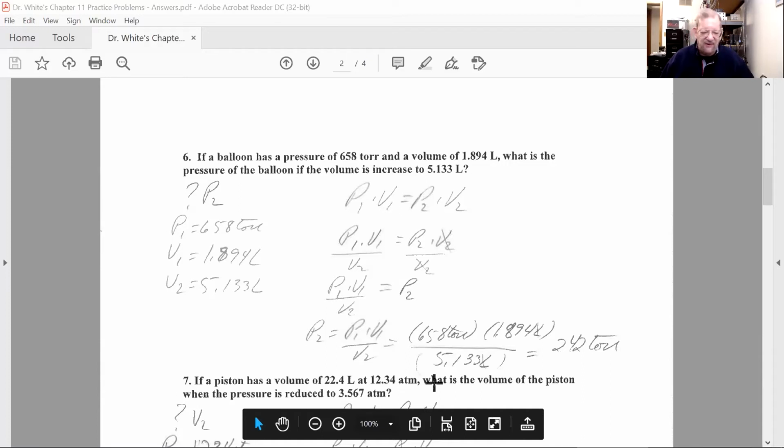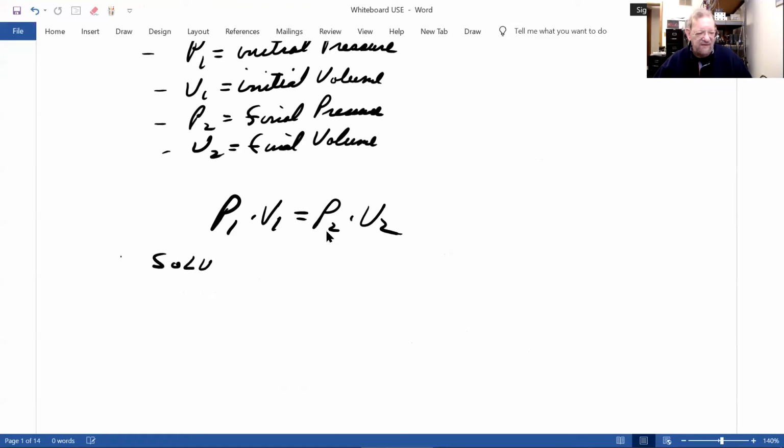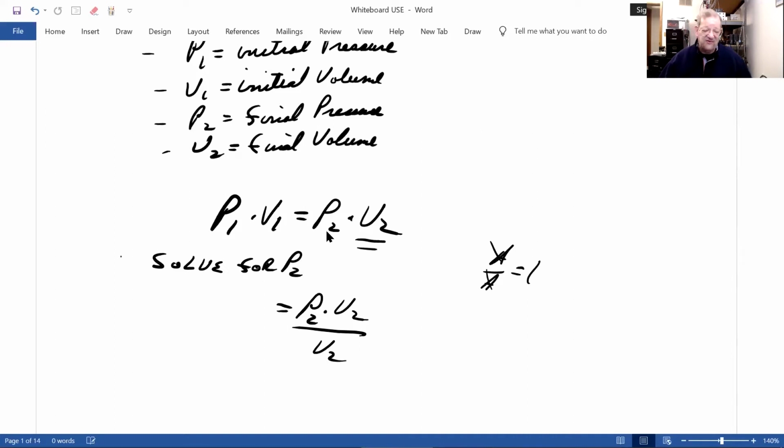Now we're going to do some algebra. Let me go to the whiteboard to do this. Now we want to solve for P2. How do we do that? Well, we've got to get rid of V2. And when two things are multiplied and you want to get rid of one of those, you divide by that number, because anything divided by itself equals the number 1, which means it's gone.